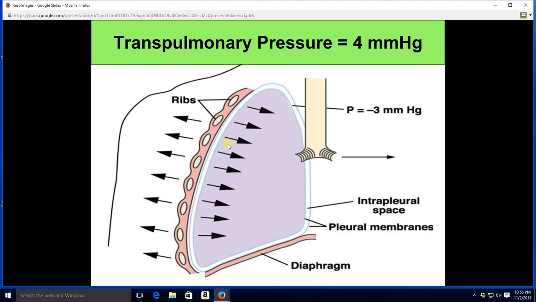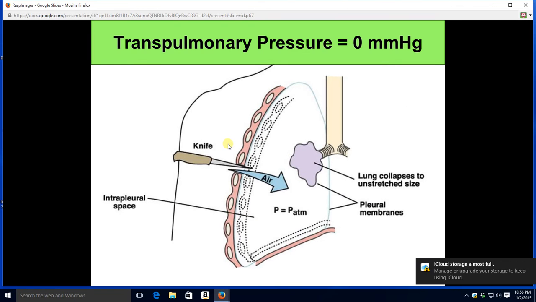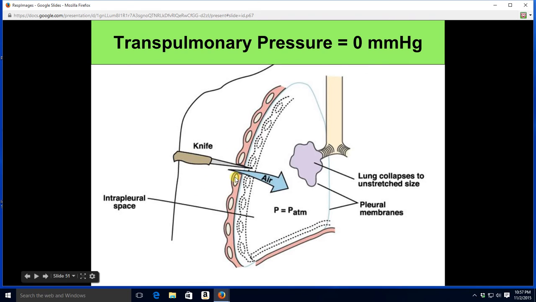Okay, let's say you had a little accident while you were chopping some vegetables and you accidentally stabbed yourself a tiny bit in between the fourth and the fifth rib. Oh wow, that's not good, is it? Now your knife never touched your lung, but look what happened to the lung. It collapsed.